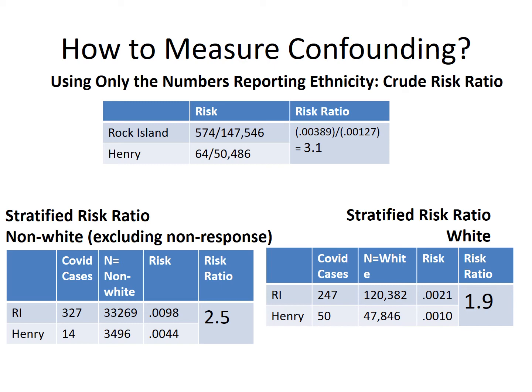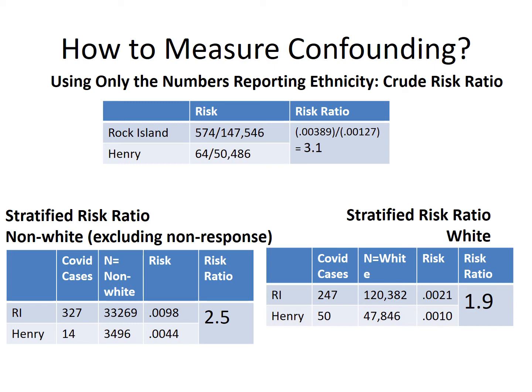Now, another weird thing you're going to see is if you were to add up the sample size of the individuals identifying in the non-white categories of ethnicity and those who self-identified as white, it would add up to a number that's greater than the population size for the county. Well, what that means is some people are identifying with multiple ethnicities. That makes sense. A lot of people identify with more than one ethnic group. So they will essentially be double counted if we were to add their numbers.